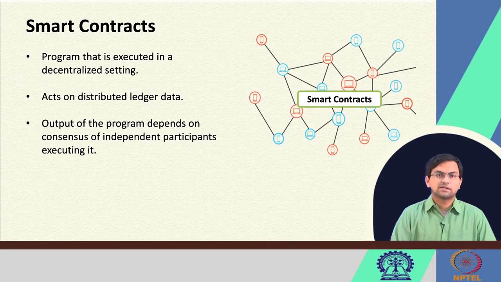So it is not like our traditional programs which are executed in a single system, in a single process. These smart contracts instead are executed independently by the different participants of the blockchain network, and the successful execution of a smart contract depends on the consensus of these participants.